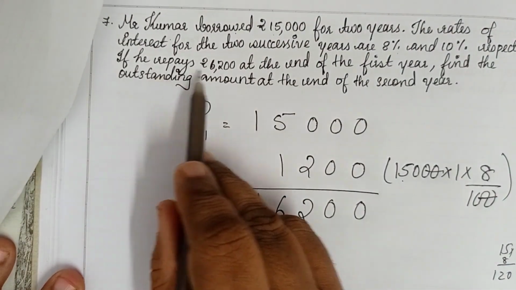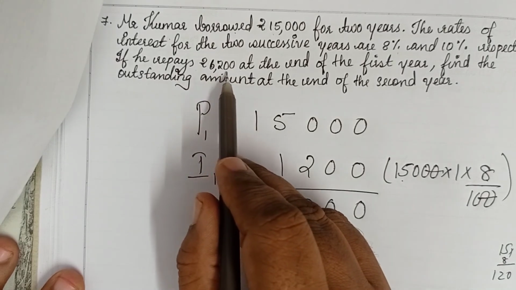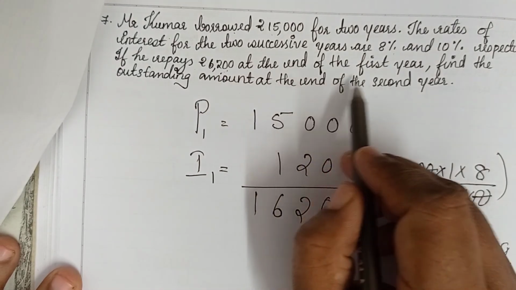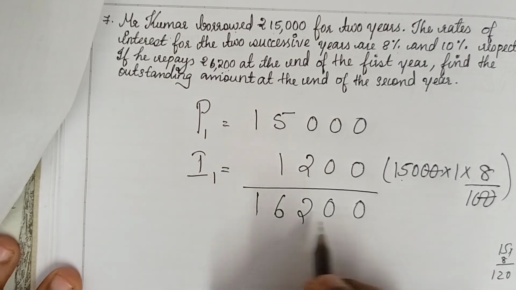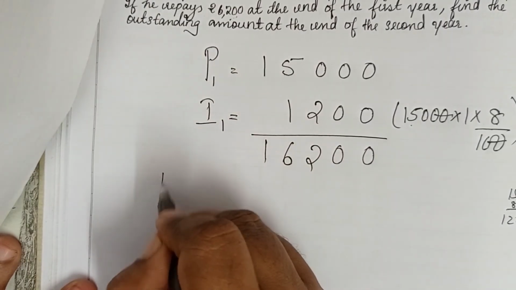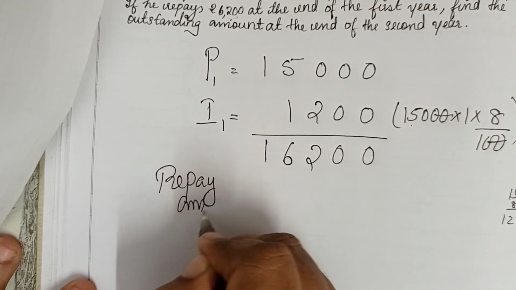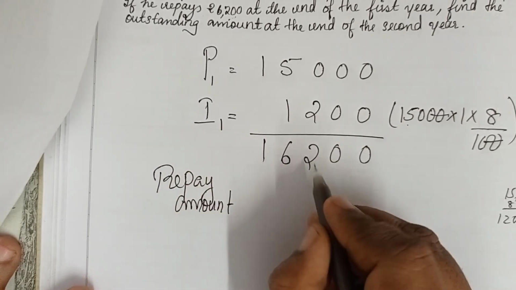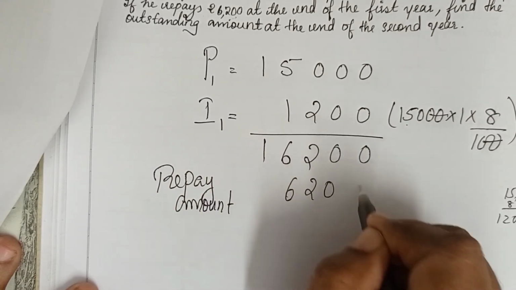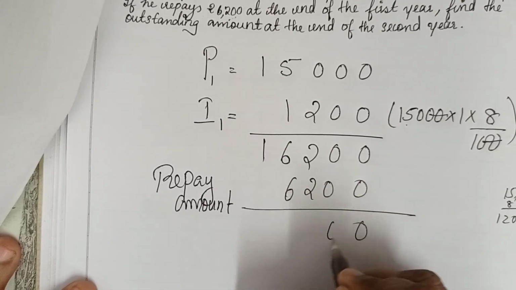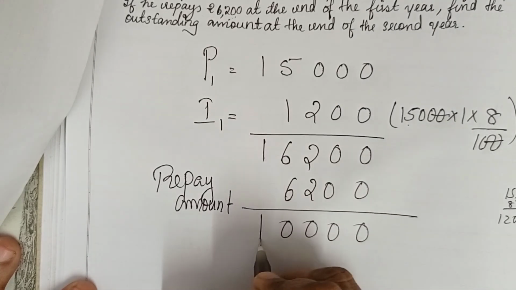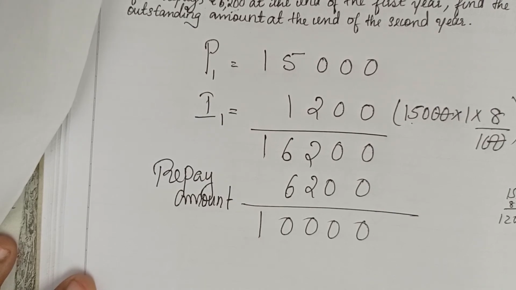Then read the next sentence. If he repays rupees 6,200 at the end of the first year, therefore this is not P2. Again, here also write the repay amount, 6,200. Okay, students.